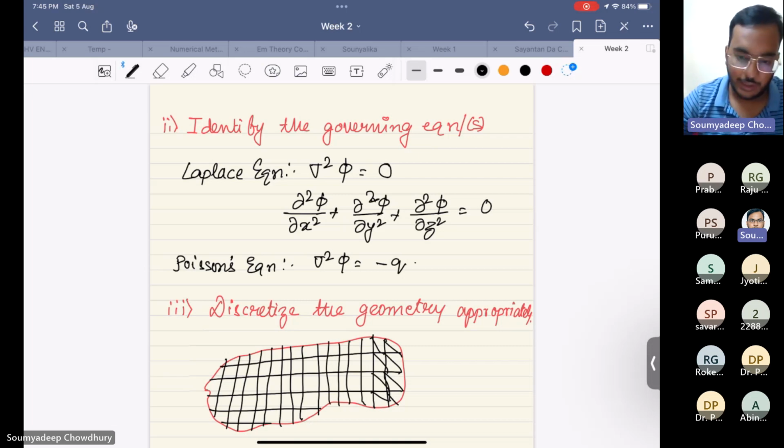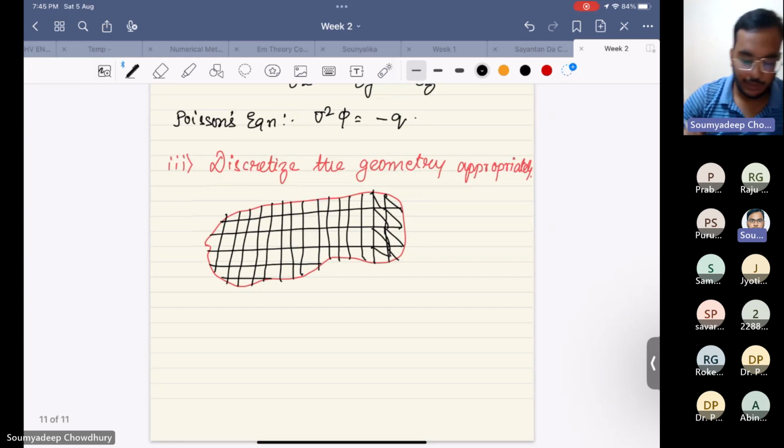This is in 2D I am telling. If you have a 3D figure and discretize it, instead of triangles we'll get prisms or pyramids. Instead of quadrilaterals, we'll get parallelepipeds. All those things we get. That is a different thing. So coming back, we discretize it. Okay, fine. We have discretized our geometry. Now how do we proceed further?